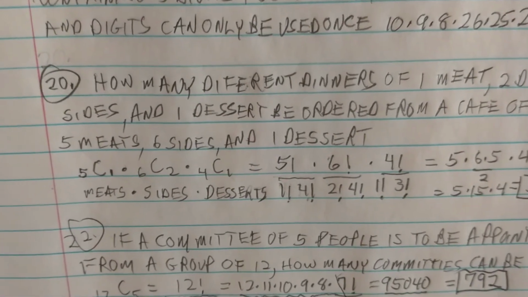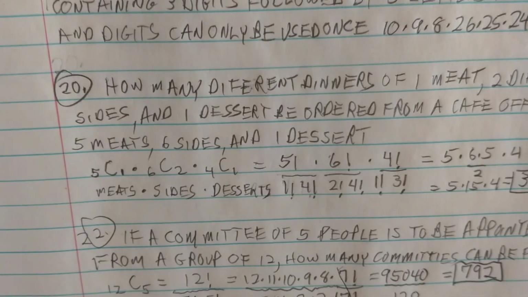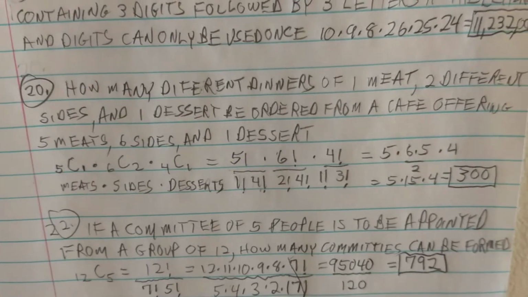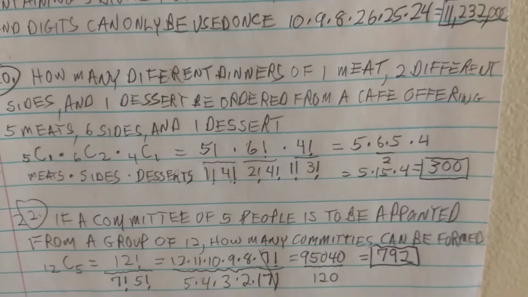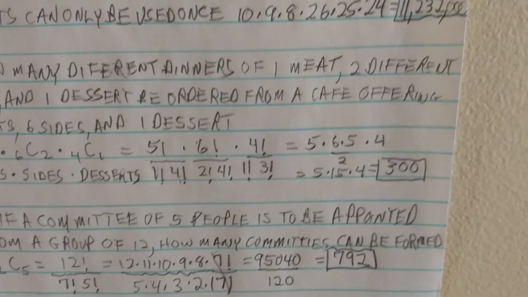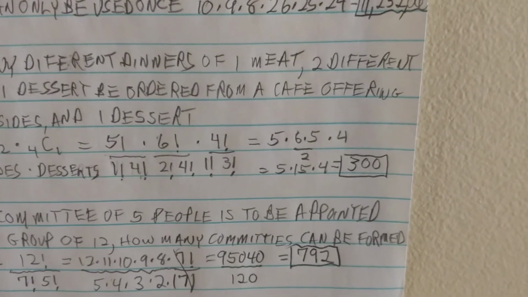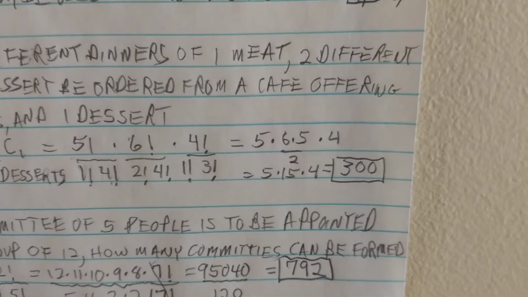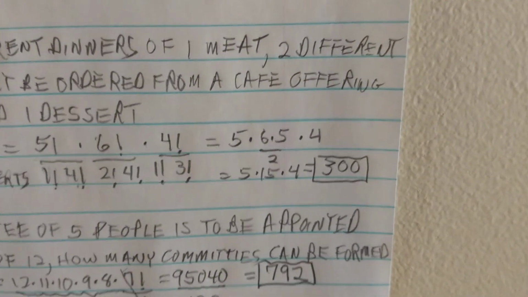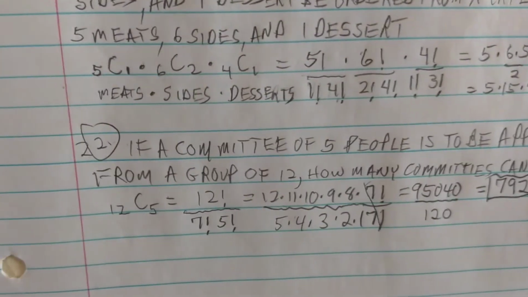The 5C1 just comes out to 5, the 6C2 just comes to 6 times 5 over 2, and the 4C1 comes to 4. So 5 times 30 over 2 is 15, times 4 is 300 possibilities.